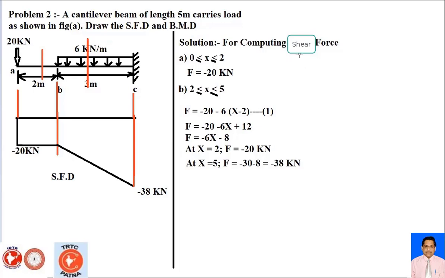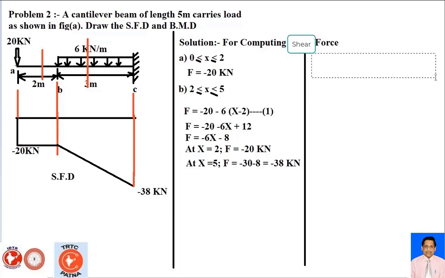How to draw the BMD? So next step I have got to solve here the bending moment diagram. So one other thing you have to observe: the maximum shear force is minus 38 at the fixed end and is negative in nature.